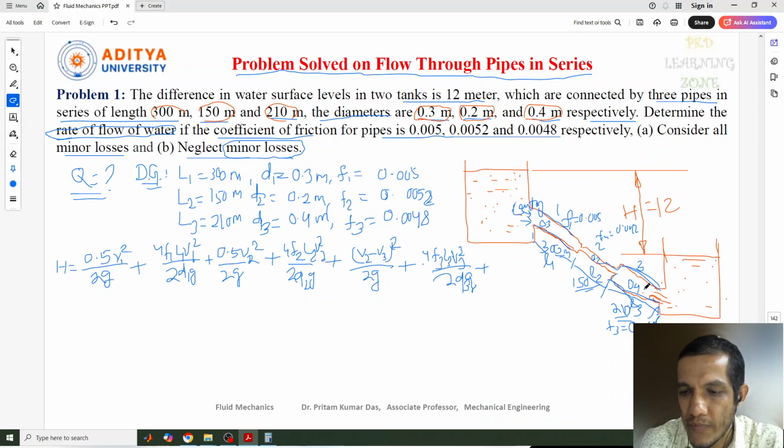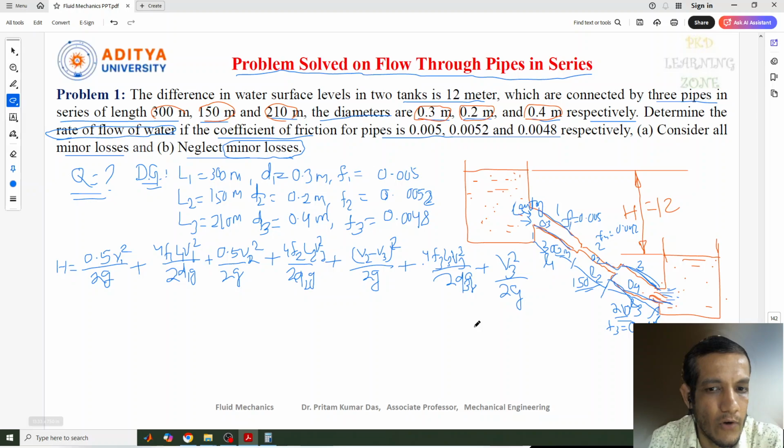And finally, when it is exiting from the pipe, the loss due to the exit is V square by 2G. Here which velocity? The velocity finally leaving, so that means V3 square by 2G.